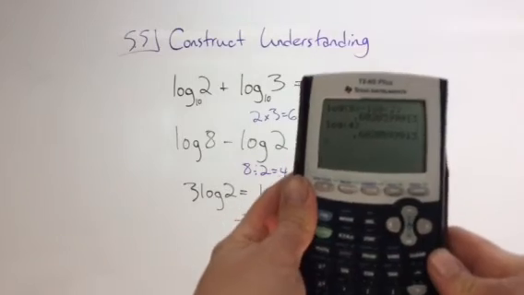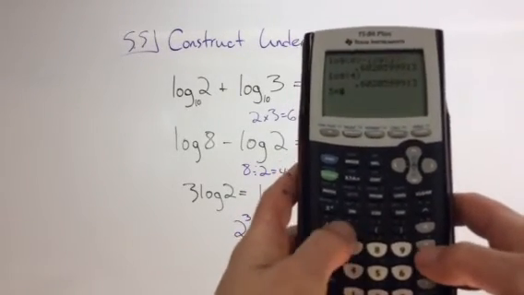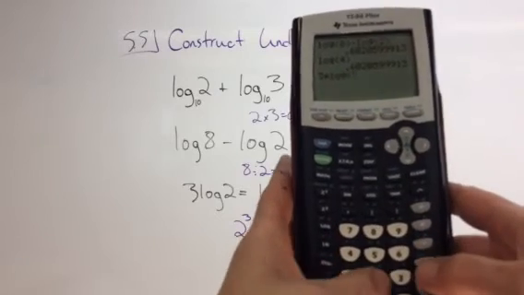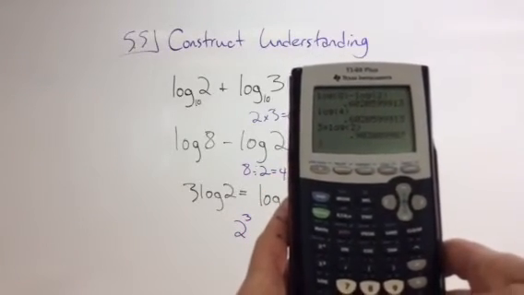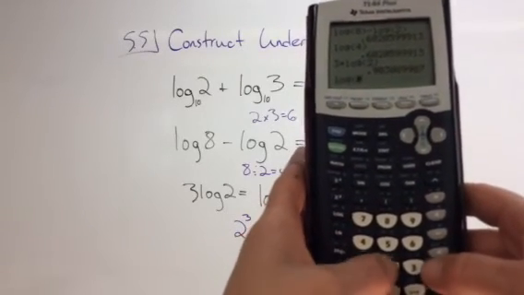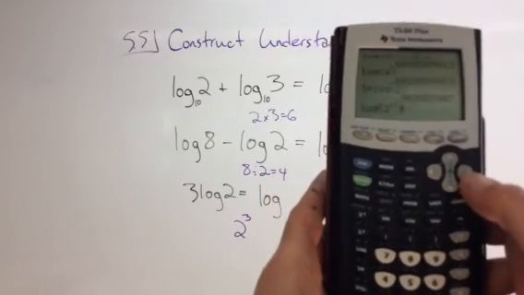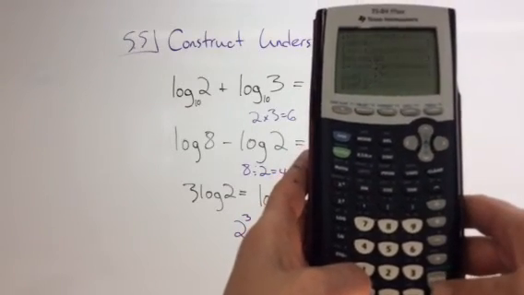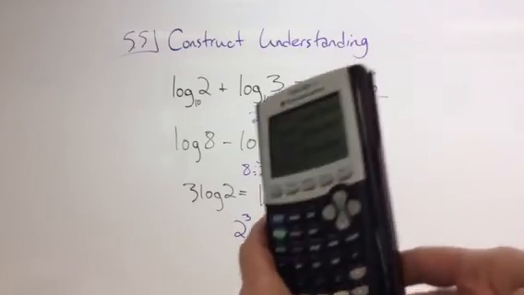So over here again, I want to go 3 times log 2, figure out what that is. So that's the number that I'm looking for. And let's see if I get that number by going log of 2 to the power of 3. Yay, there it is. Same number.